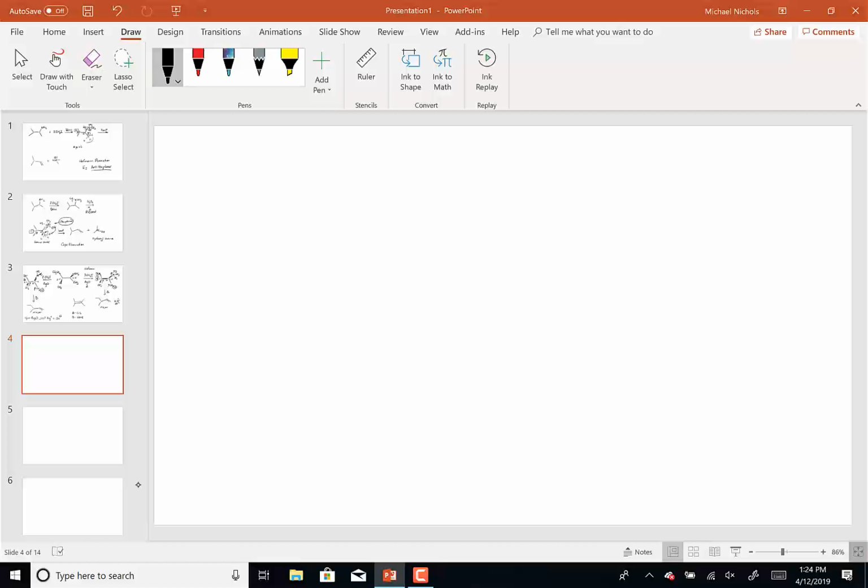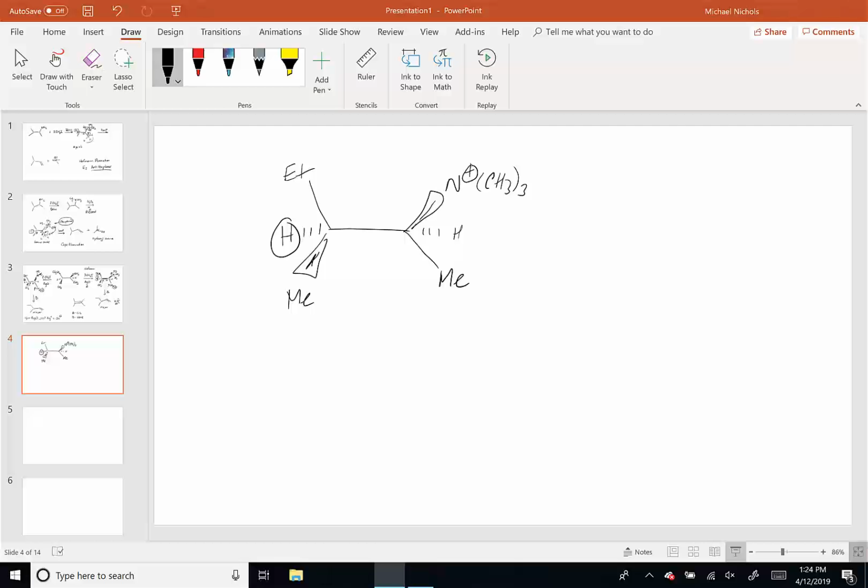You have a hydrogen that's going to be removed, and then you have the N+ group that's going to be removed. I'm going to put the 3 methyl groups in brackets. So I need to put the nitrogen plus and this beta hydrogen anti-periplanar.